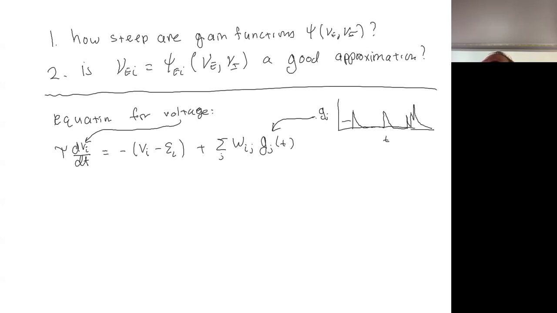And this is actually on the order of 5 milliseconds. These are times of spikes on neuron j. Okay, so what we want to know is, how big is this term?